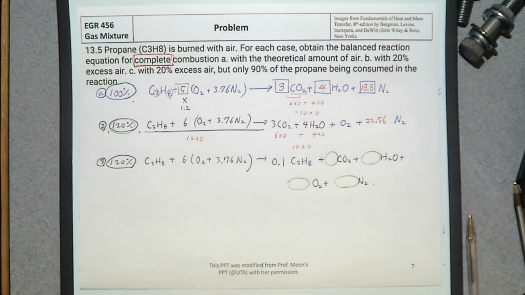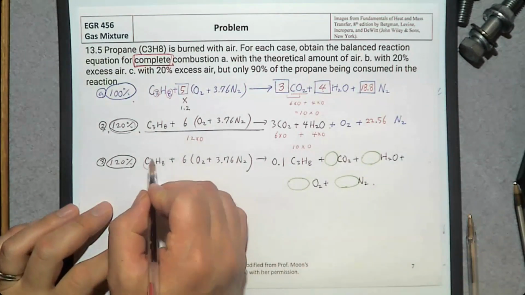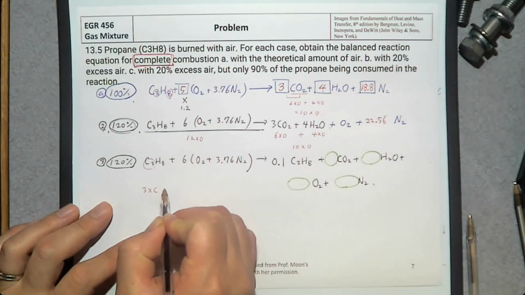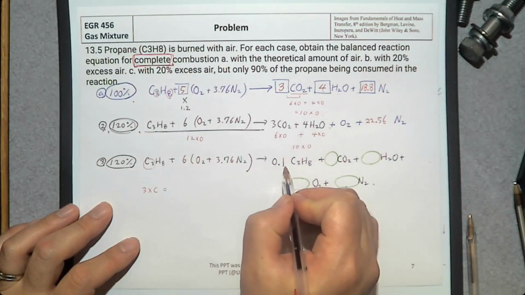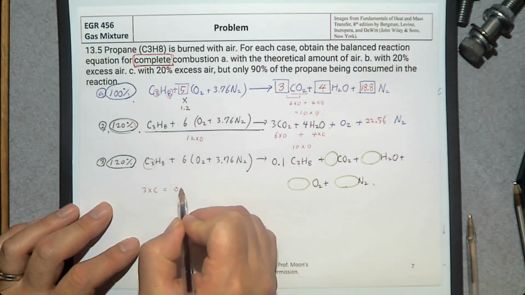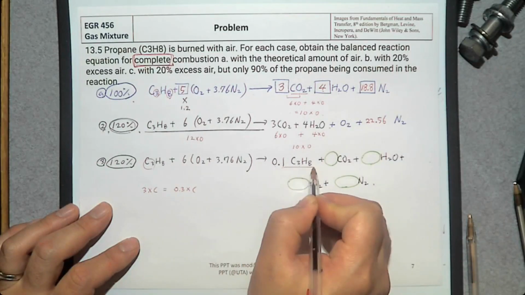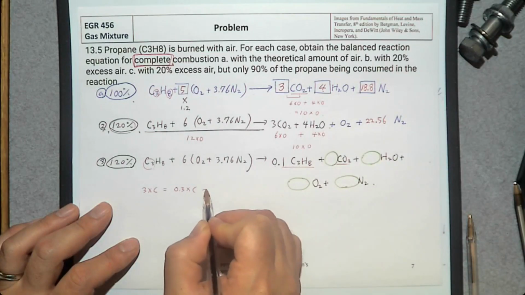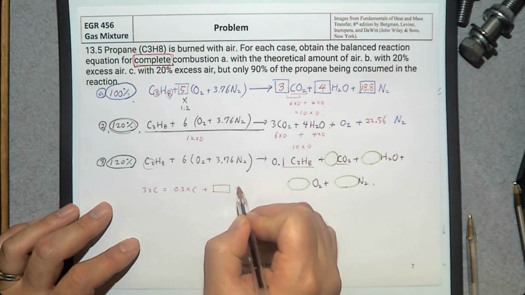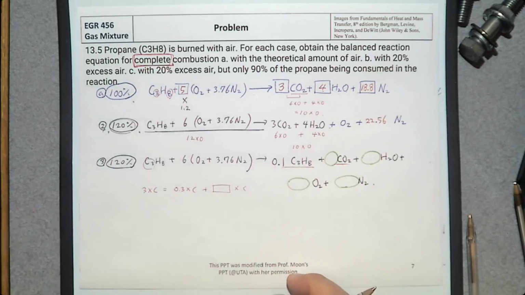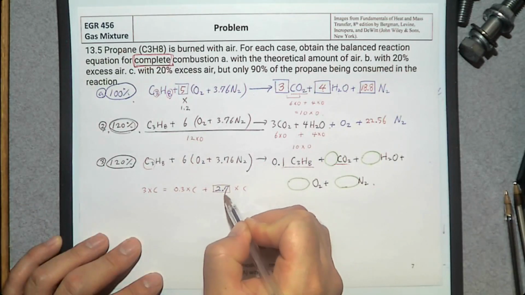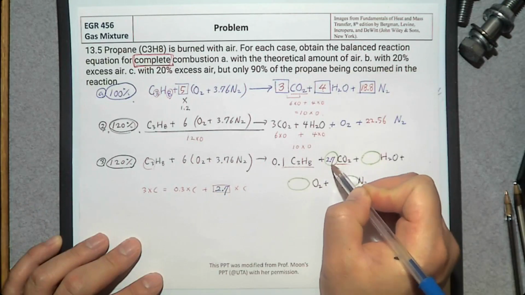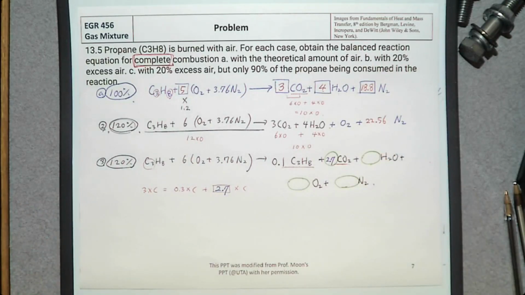So let's talk about the carbon first. How many carbons? We have 3 carbons in the reactant, and we have 0.1 times 3. So 0.3 carbons in the propane, and then how many carbons required for this carbon dioxide? 3 minus 0.3, 2.7. So 2.7 moles of carbon dioxide.